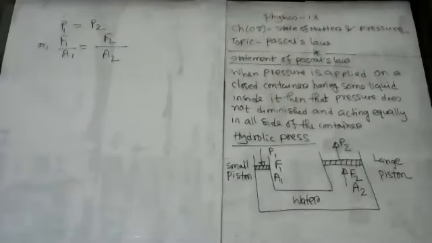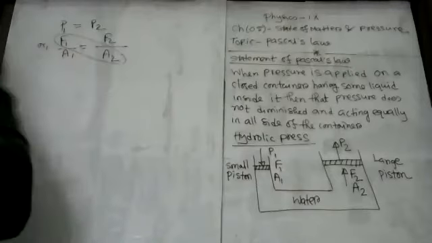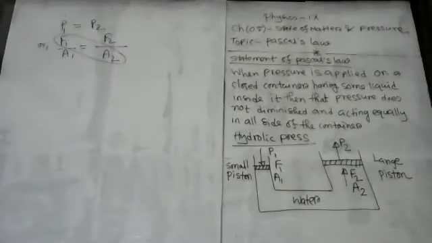Now, I'm going to put the force on one side and the area of cross section on the other side. That's why I'm going to replace these two quantities with each other, okay?